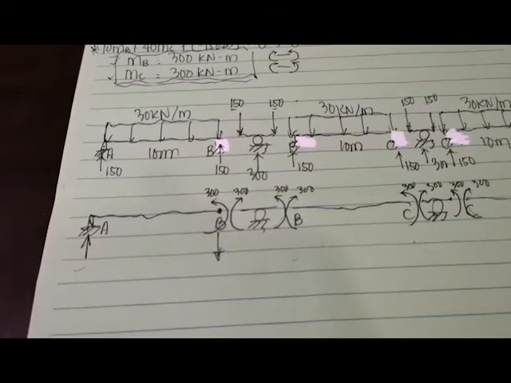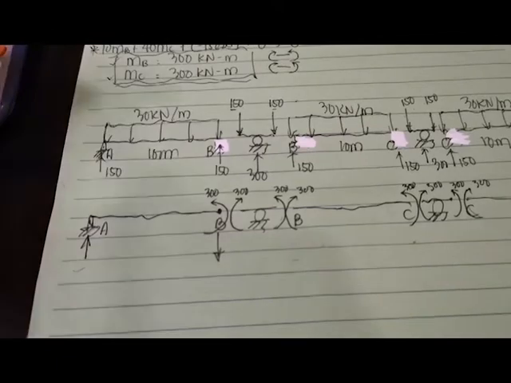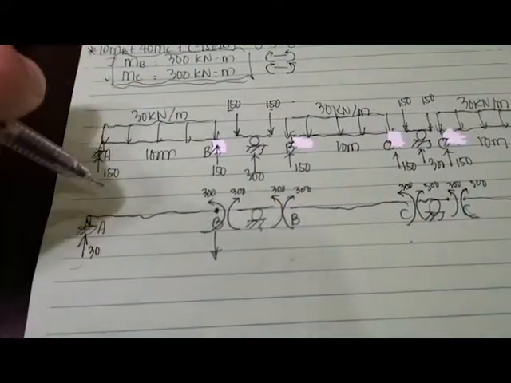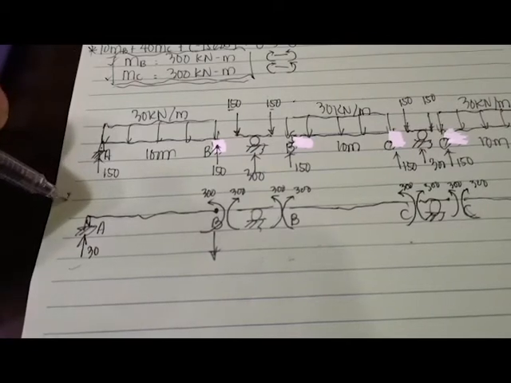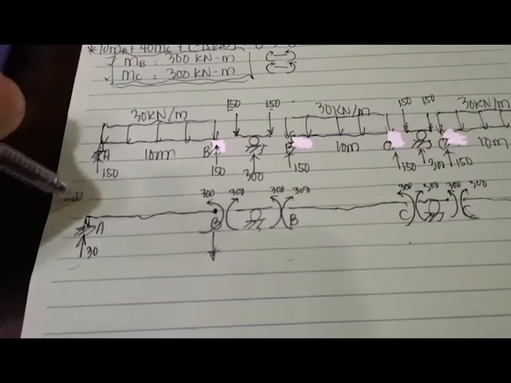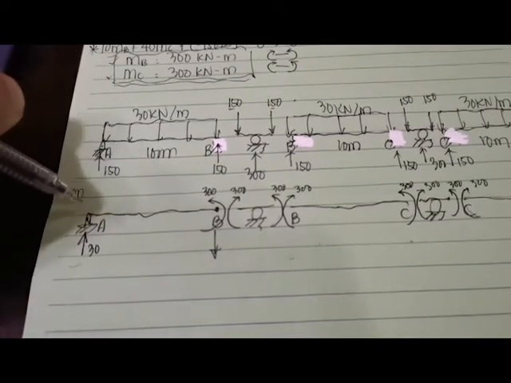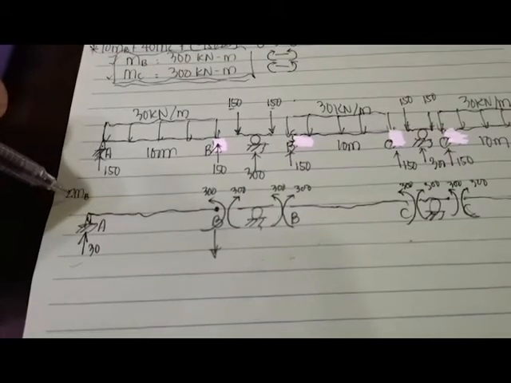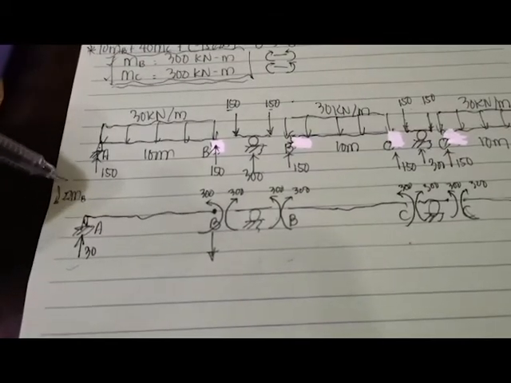So 300 divided by 10, which is equal to 30. Ang ginawa ko kaya naging 30 yan, let's say that is just summation of moment at B, at span AB lang.